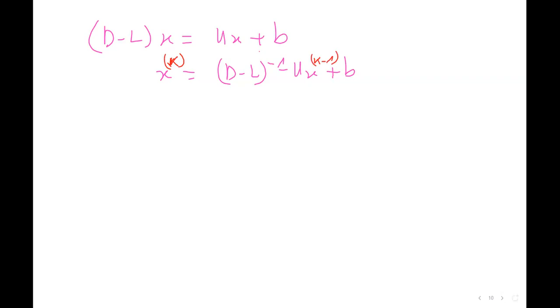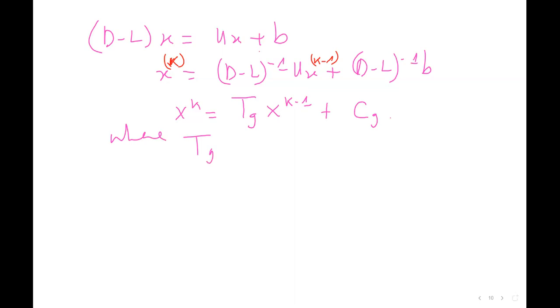So in that sense as well, we have x^k equals Tg x^(k minus 1) plus Cg, where Tg is (D minus L) inverse of U, and Cg is (D minus L) inverse of b.